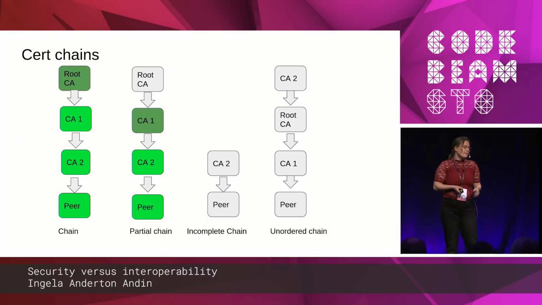And also, even worse, I think, is the unordered chain, because the chain should come sorted on the wire, but it doesn't always. So then you could try to resort it and see if it works. And a lot of pressure was on us to implement the handling of incomplete chains and unordered chains. But it was breaking the spec, and we were kind of okay. Last time we broke the spec, that wasn't really good.